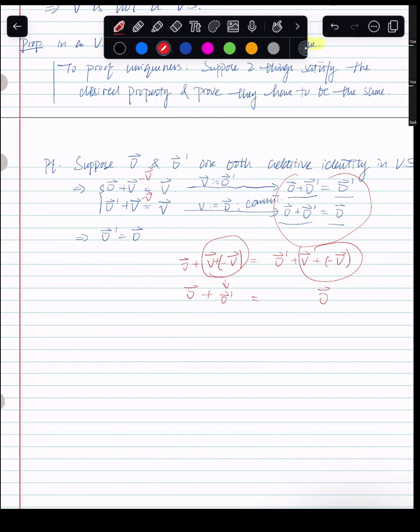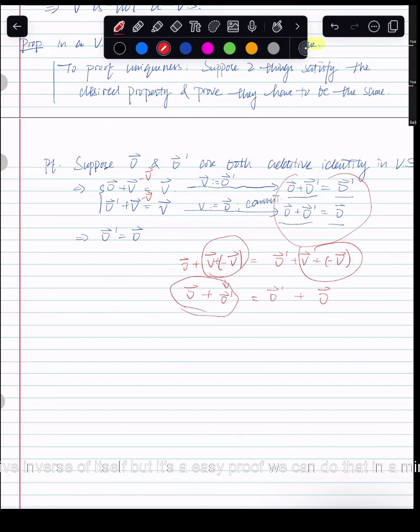Actually no, because we haven't proved that the additive identity is an additive inverse of itself.